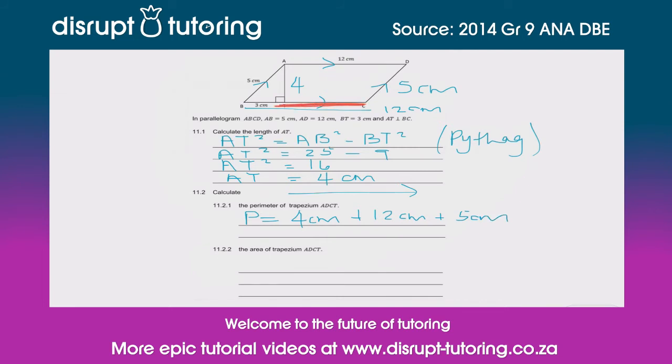It's this line over here. We know the full line is 12, but we've got 3 centimeters over there that we need to subtract, so that's going to be plus 9 centimeters. So now we've got 4 plus 12 is 16, plus 5 is 21, plus 9 is 30 centimeters, and that gives us the total perimeter of the trapezium ADCT.